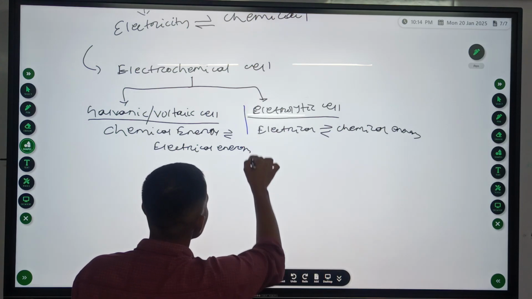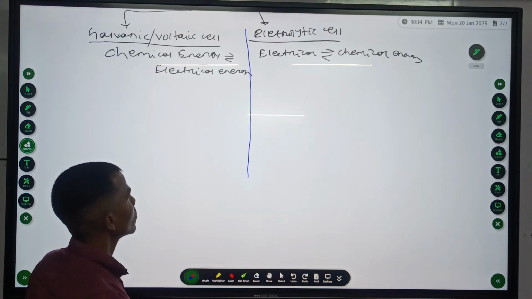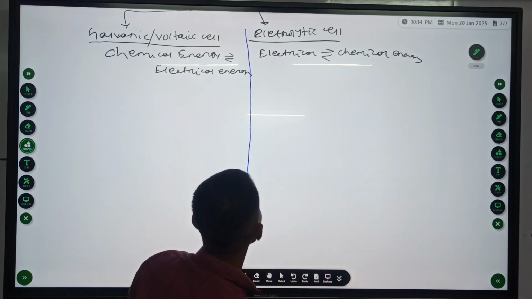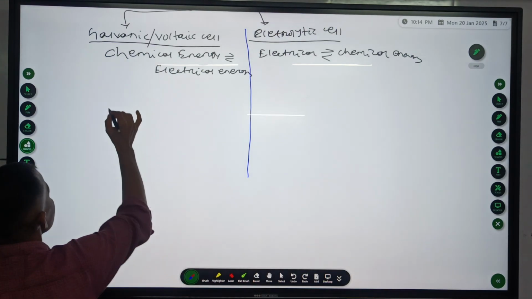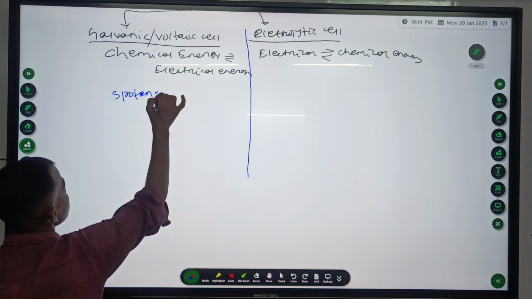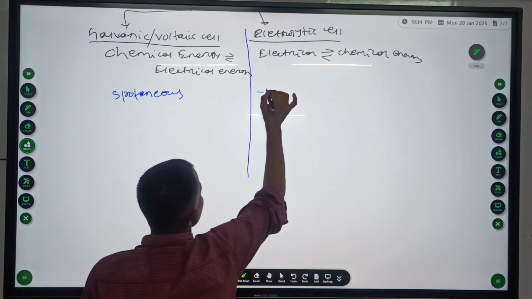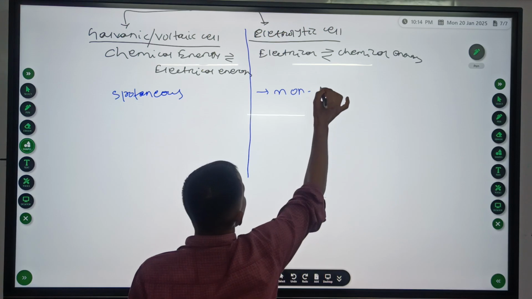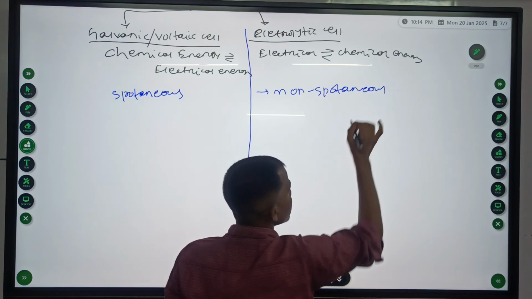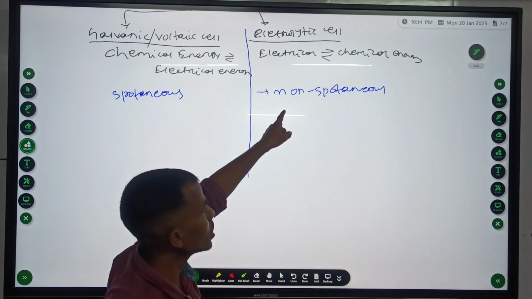So let us differentiate between these two cells. What is a galvanic or voltaic cell and what is an electrolytic cell? This cell is spontaneous, and this cell is non-spontaneous. That means for the working of this cell, we put in extra energy.